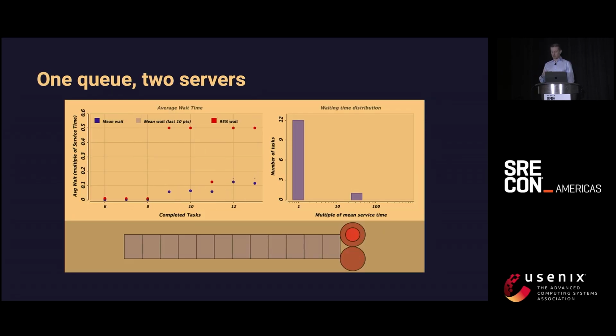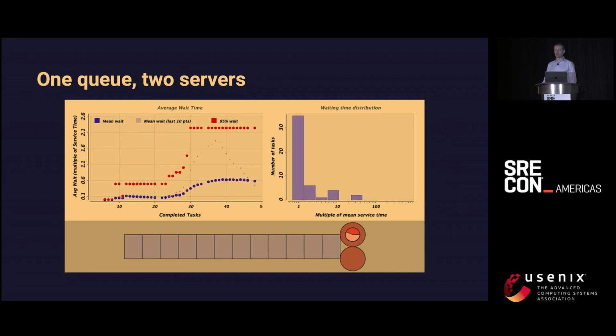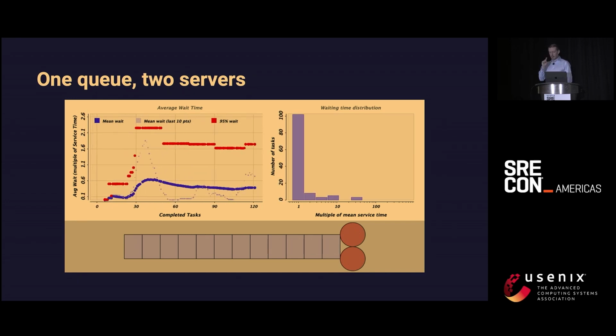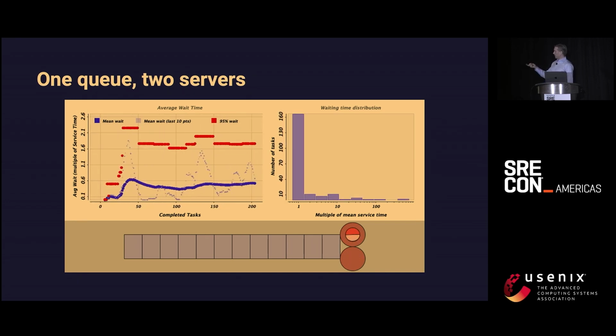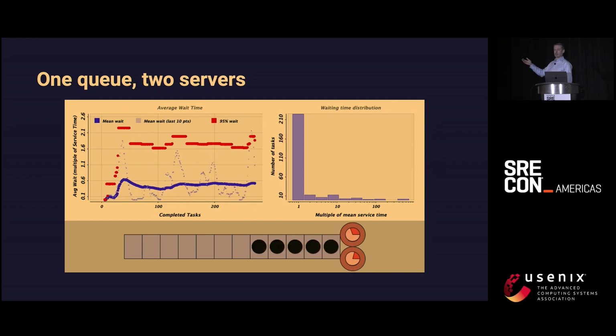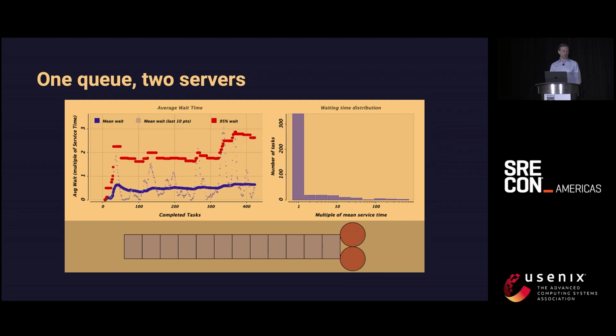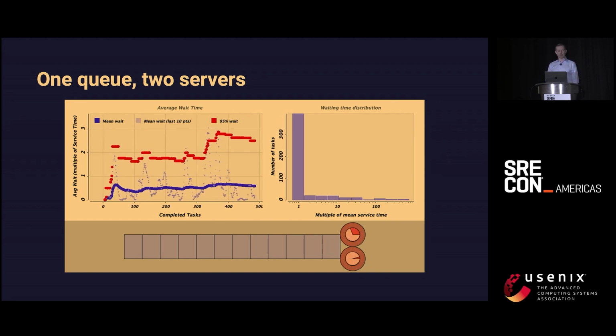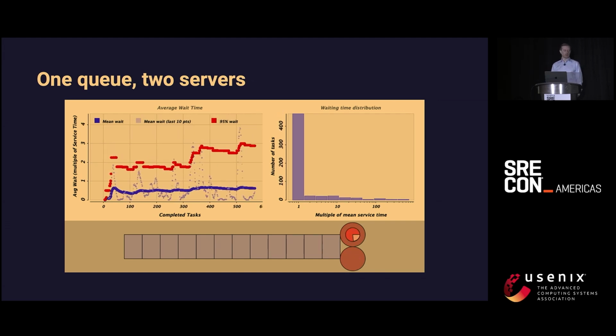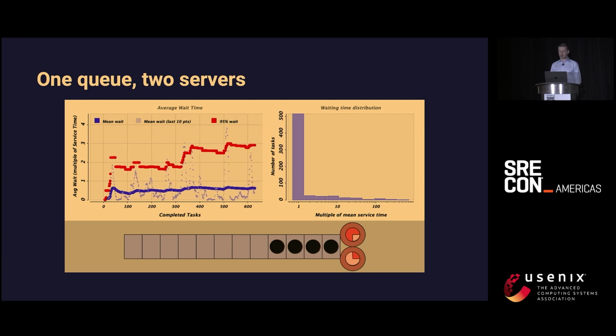But might as well add a feature to my simulation. Now we have 2 servers pulling off the same queue. I did have this double the incoming rate, because I need to keep the utilization of these servers the same as the previous example we were using. So the utilization of each of these servers is 80%, but we're pushing work in twice as fast.